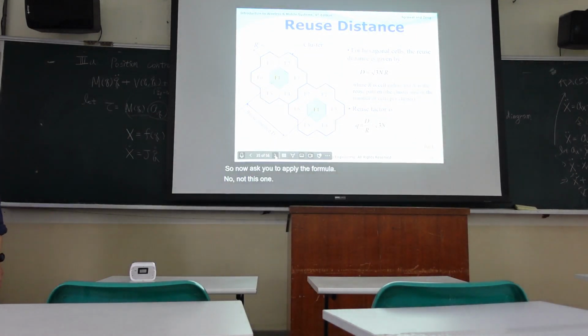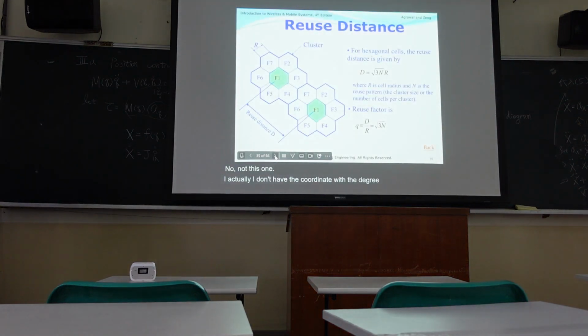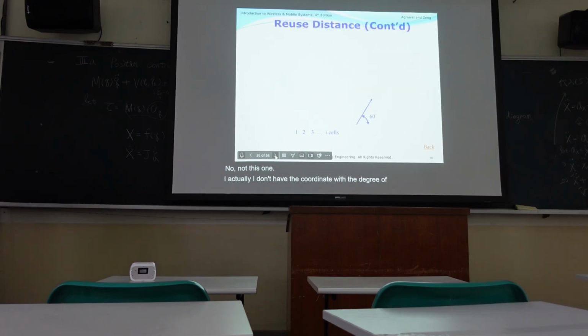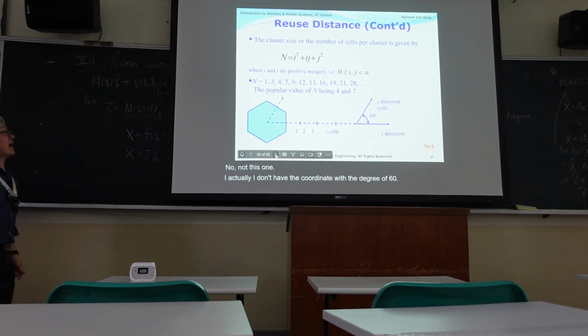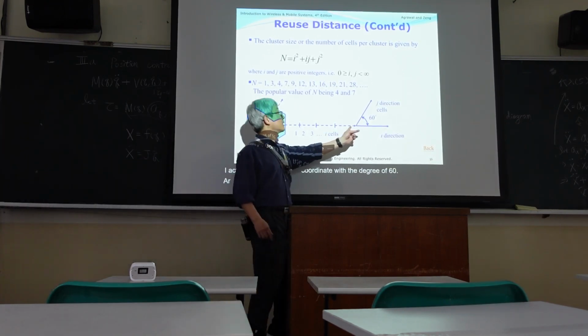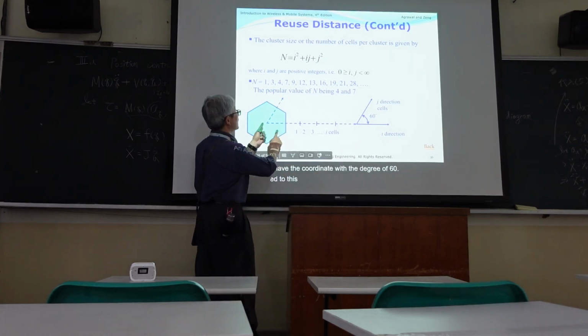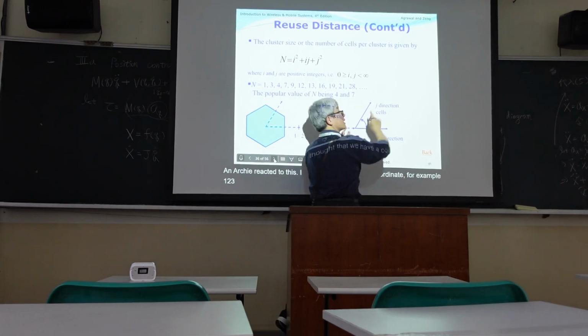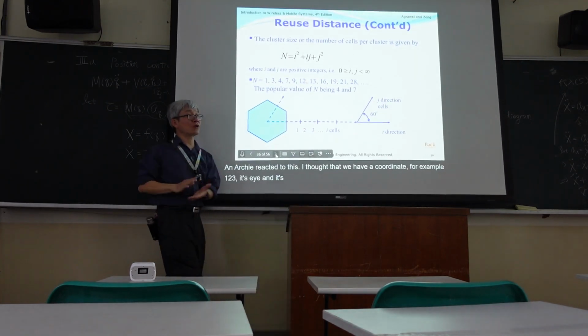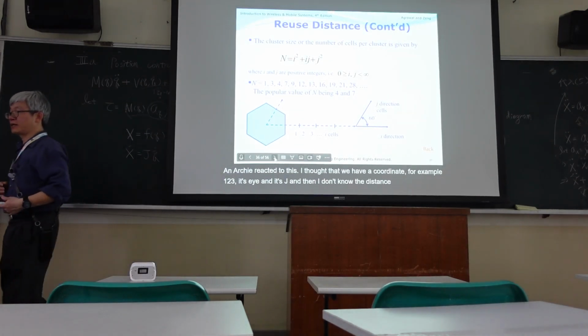Actually, identify the coordinate with the degree of 60. Related to this, we have a coordinate, for example, 1, 2, 3 is I, and J. Then the distance should be here.